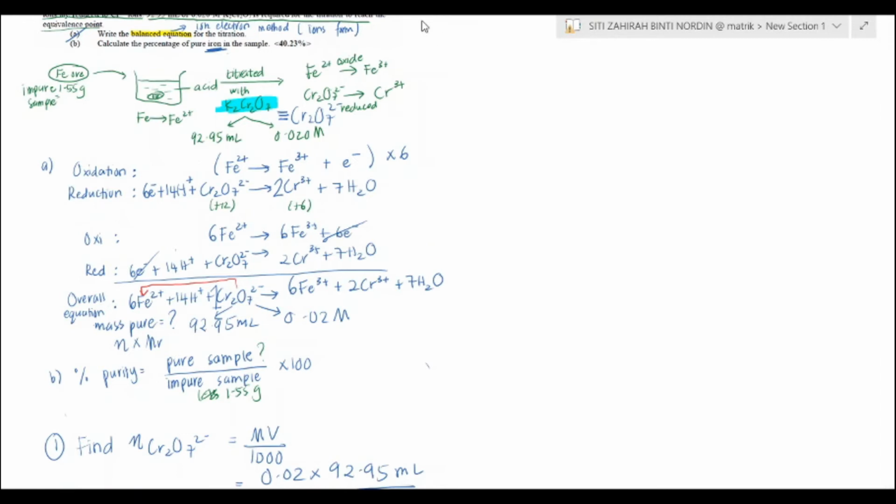Okay, so let's check where the marks are going to be given.